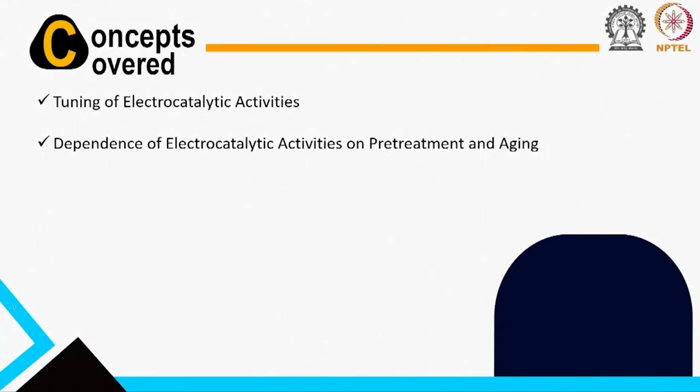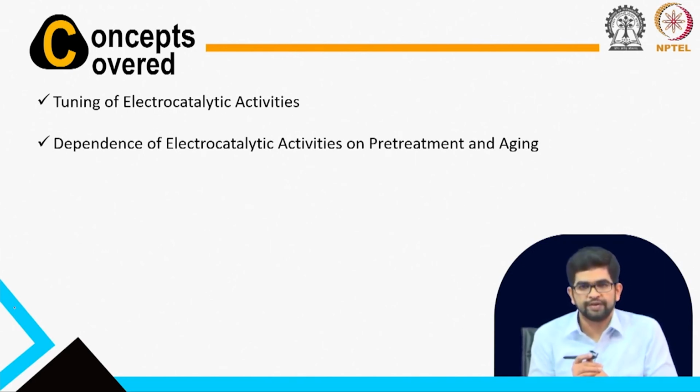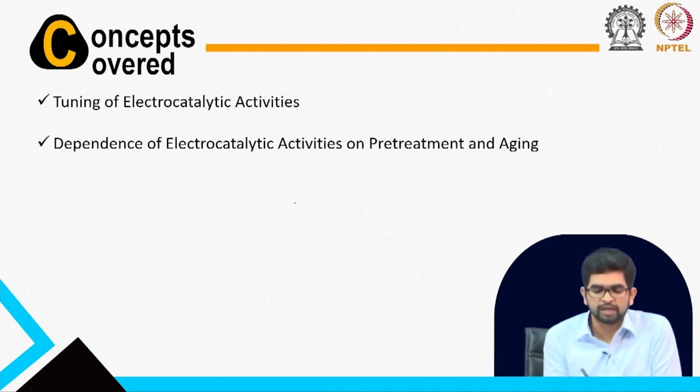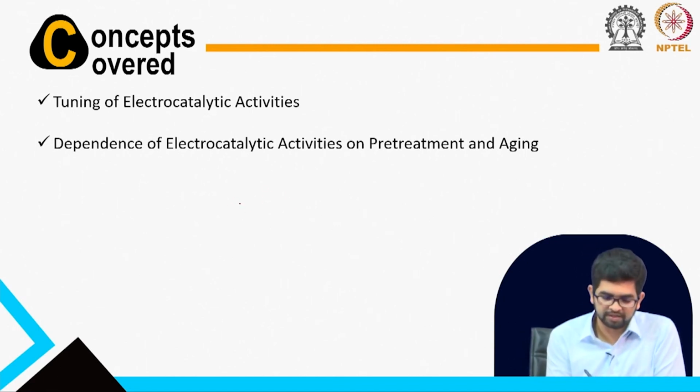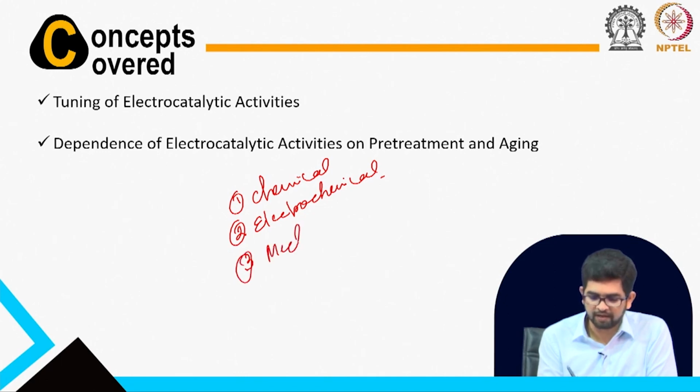So, the tuning of the electrocatalytic activities can be done in different ways. I taught you different tuning methods: one is chemical, second is electrochemical, then some mechanical, right.